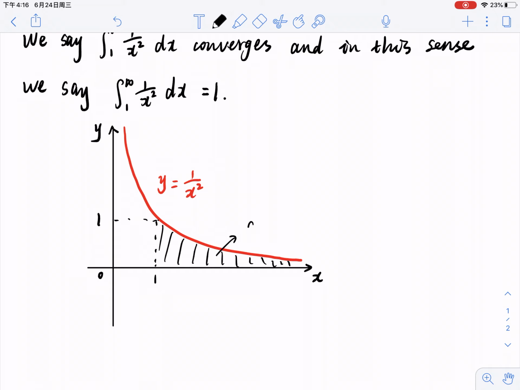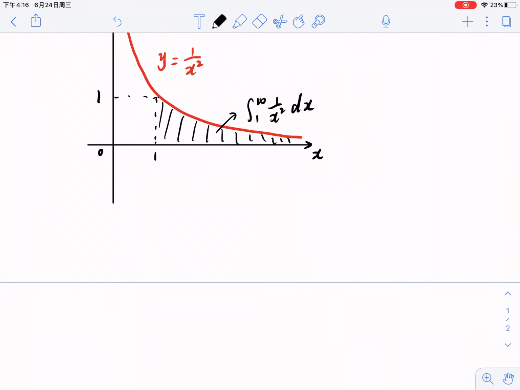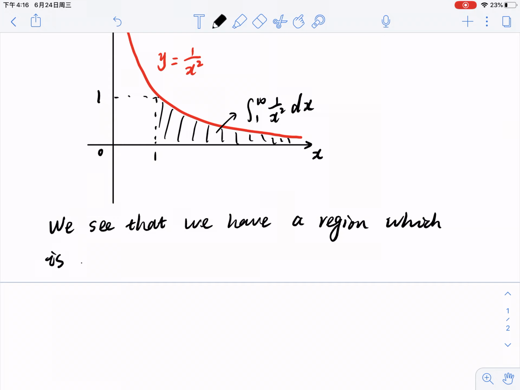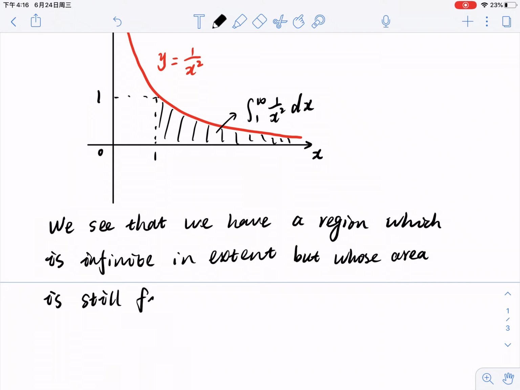So we see that we have a region which is infinite in extent, but whose area is still finite.